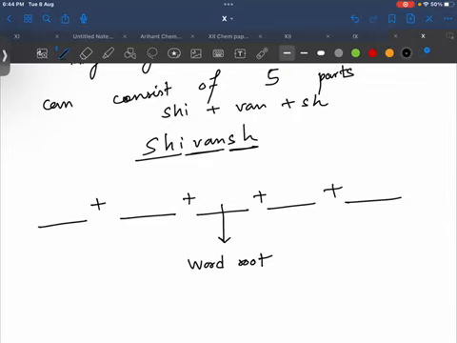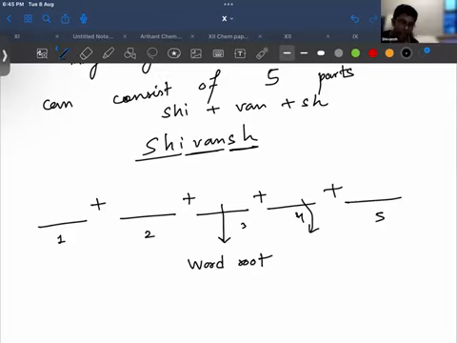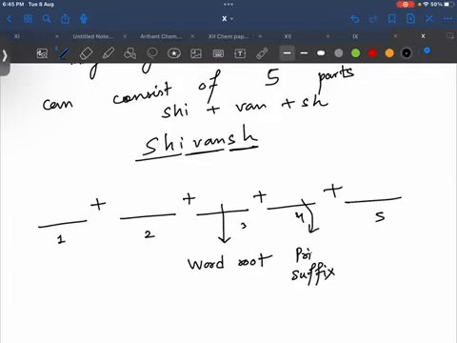So let's give them numbers: 1, 2, 3, 4, 5. The third part of the name is called the word root. The fourth part is the suffix. Does suffix come first or prefix? Prefix comes before; suffix comes after. So the fourth part is known as the primary suffix.